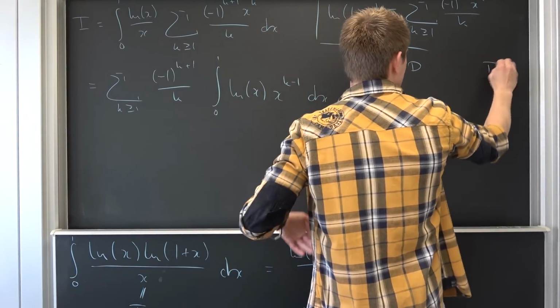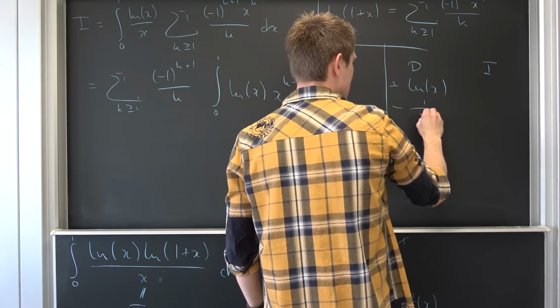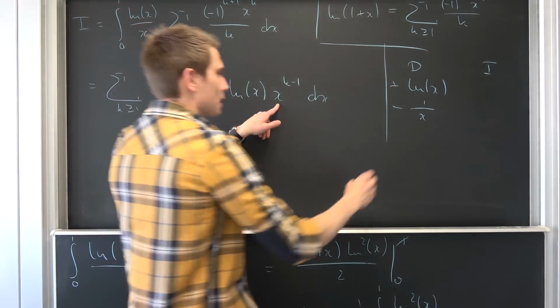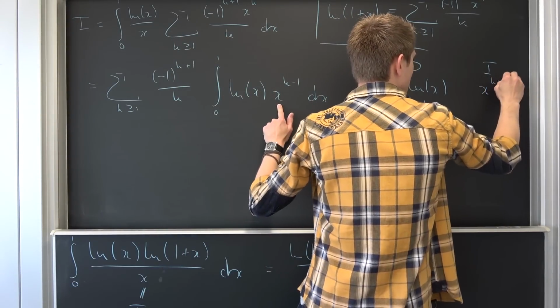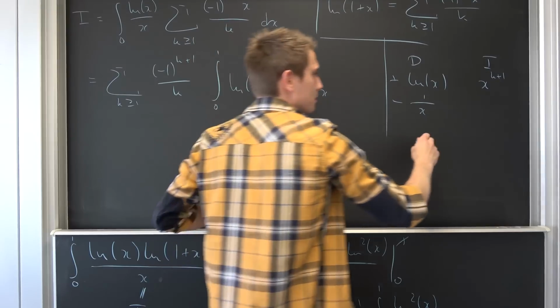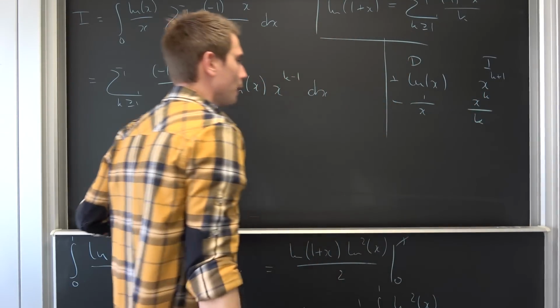So differentiating the natural log gives us 1 over x, and you see it's going to work wonders, because now we have x to the k minus 1th power. Integrating this leaves us with 1 over k, because we have to raise the power by 1, times x to the kth power. So x to the kth power over k.